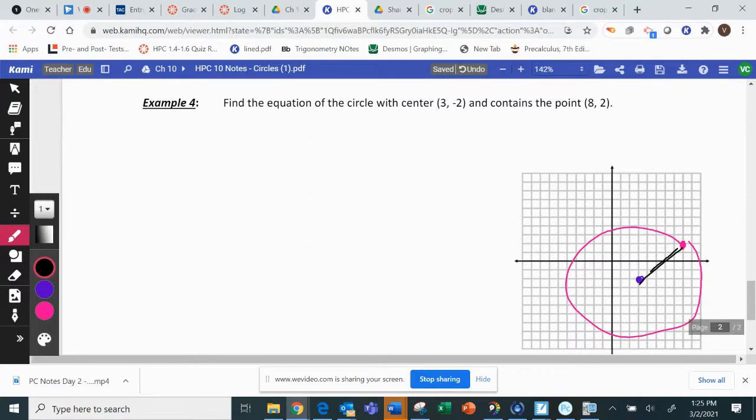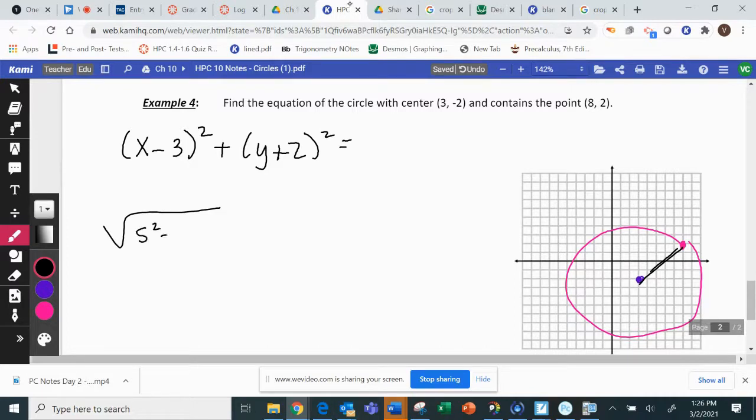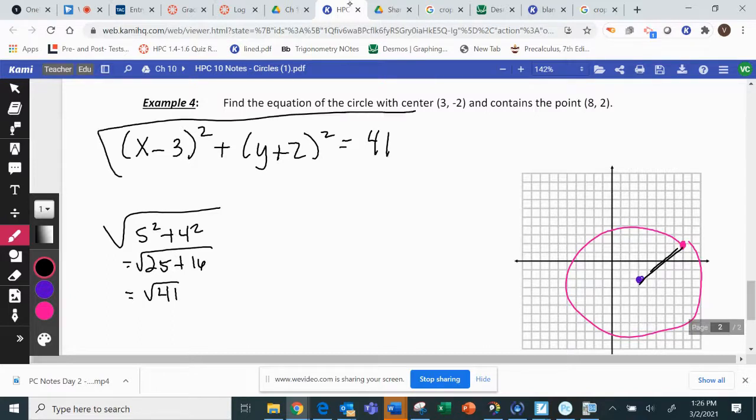Distance formula. And so we'll get x minus 3 squared plus y plus 2 squared equals 40.